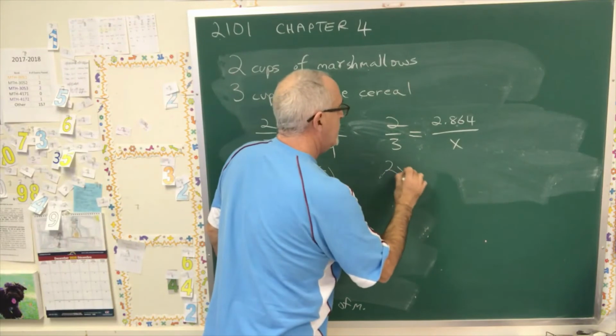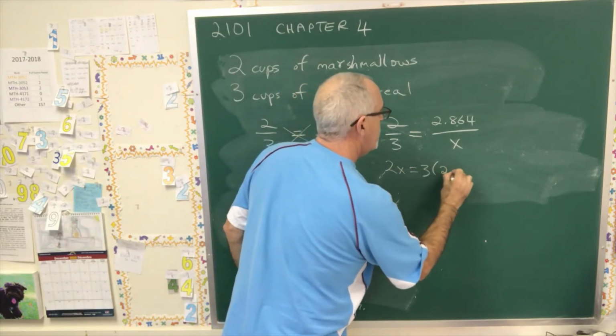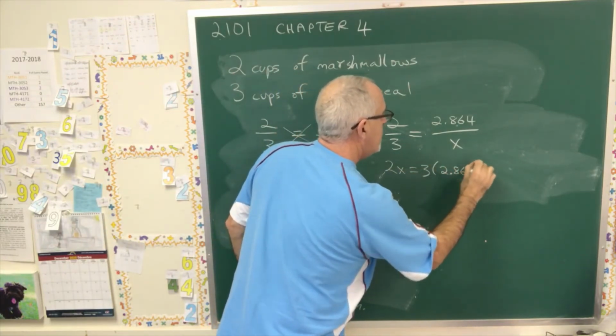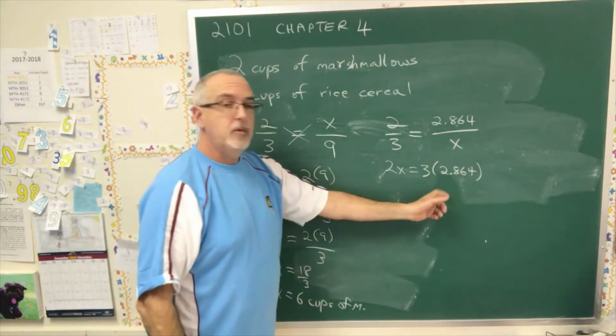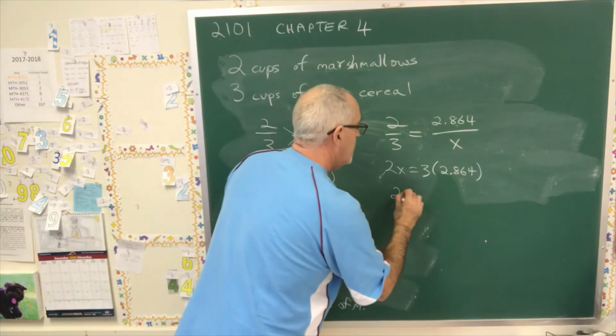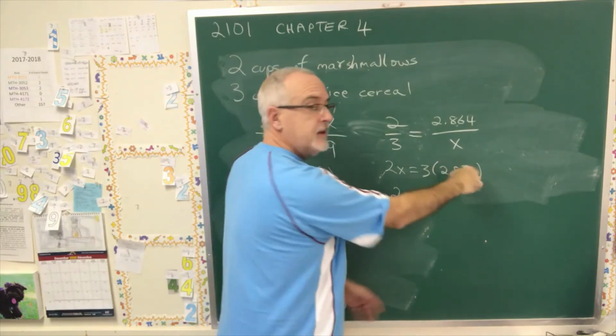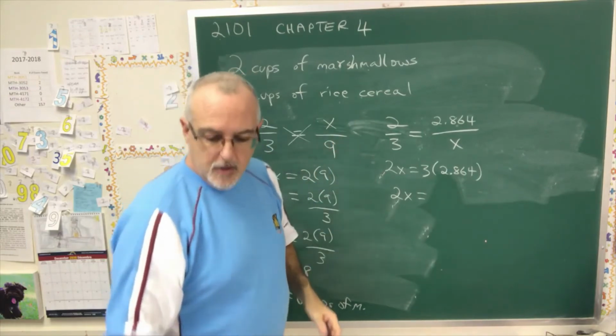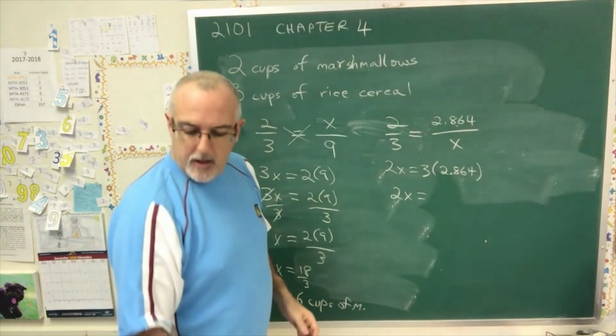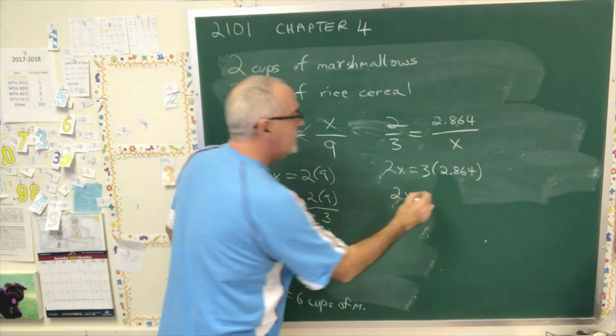So we have 2x equals 3 times 2.864. Now before, I didn't simplify until the x is isolated, but this time I am going to start simplifying earlier. 2x equals, once I have two numbers on the same side of the equals, nothing's there except two numbers, I can combine them. So I'm going to combine them. 3 times 2.864 is 8.592.